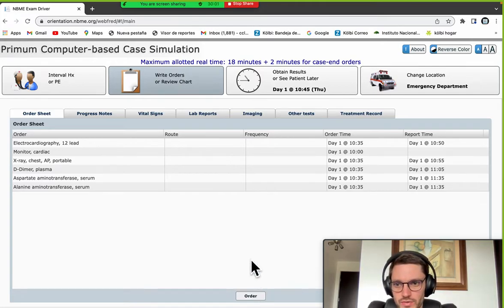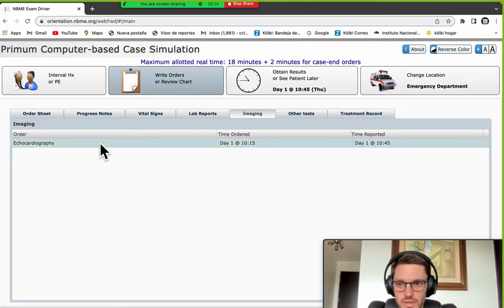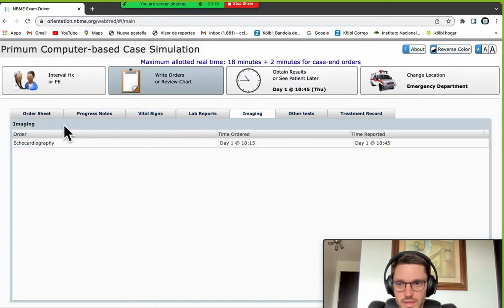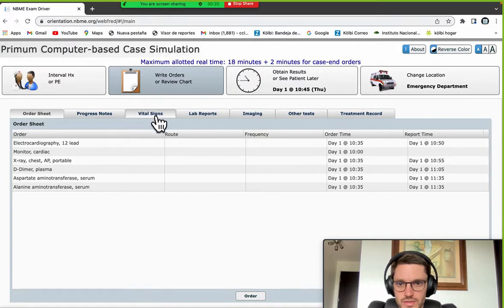We need a transesophageal echo. Or did we see the ascending aorta? She's unstable, she's with pain, so imaging, echo. That's what we saw in the echo. So let's order a transesophageal echo.